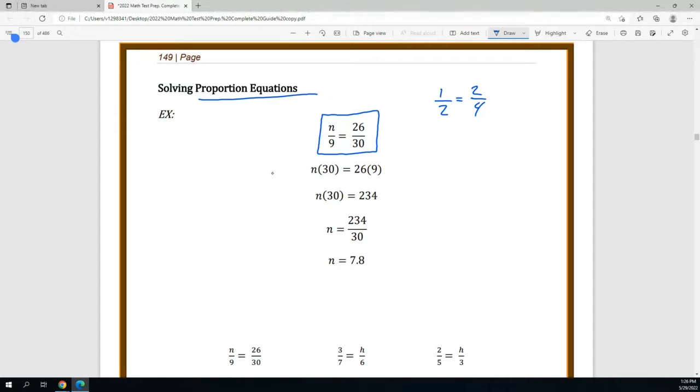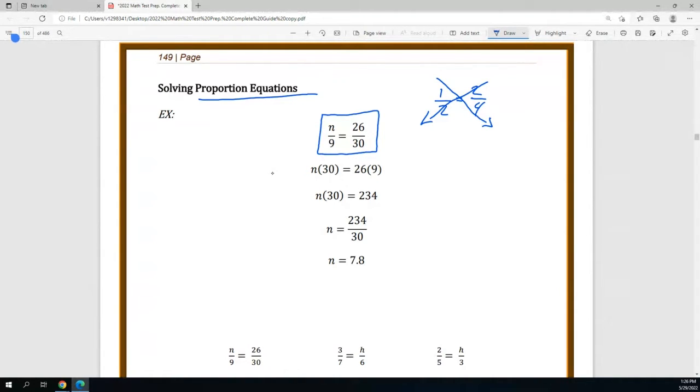There's also a way that you can check to see if this proportion, or the way that you built this, is true. If you're unsure, this is a really cool trick. If these proportions are true, and I multiply across like that, and across like that, then the two products I get should be the same number.